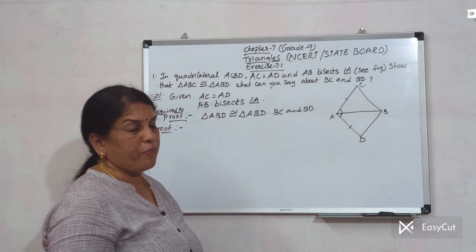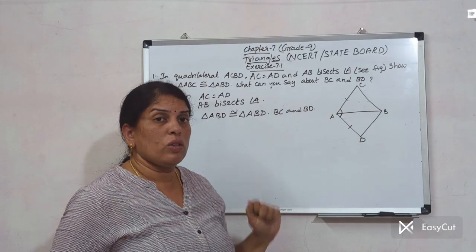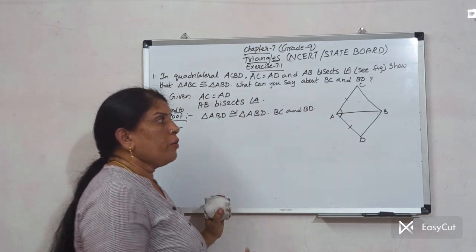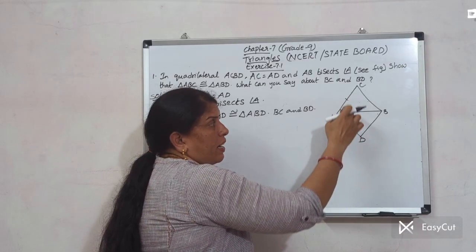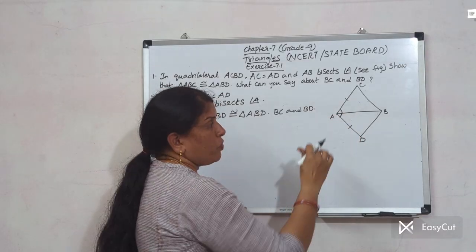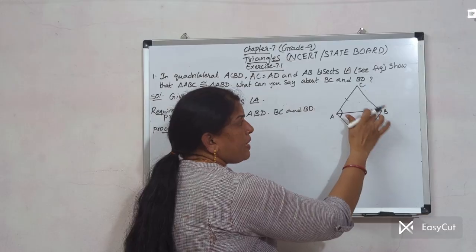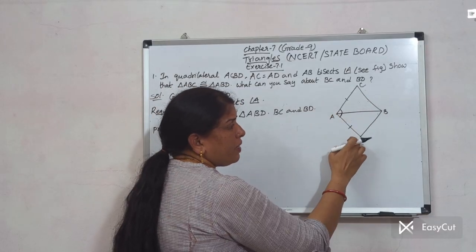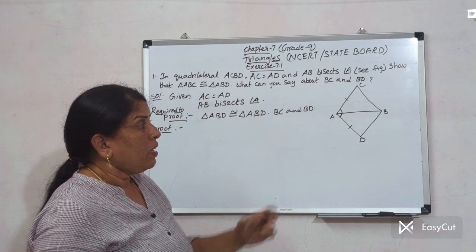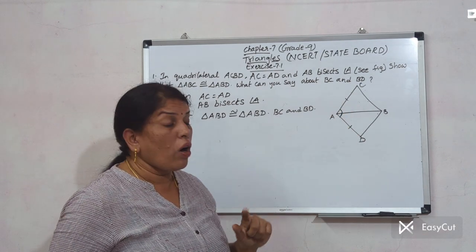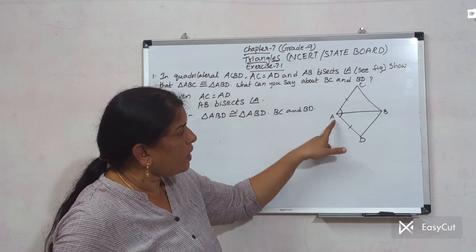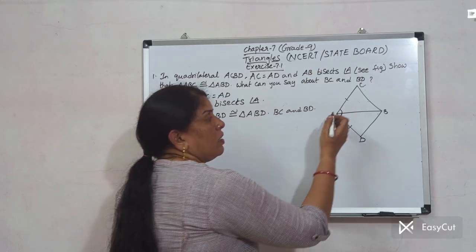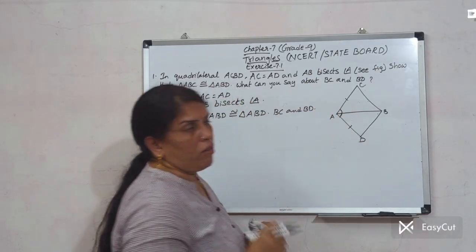In these two triangles, what did they tell? AC is equal to AD, they told. And AB is a bisector.